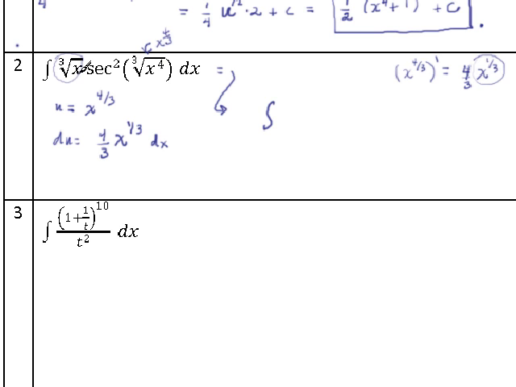So for cube root of x dx, let's see, we almost have this here. Let's just multiply by 3/4 on either side. 3/4 du equals the cube root of x dx. So we replace cube root of x dx with 3/4 du. And then we have secant squared u.